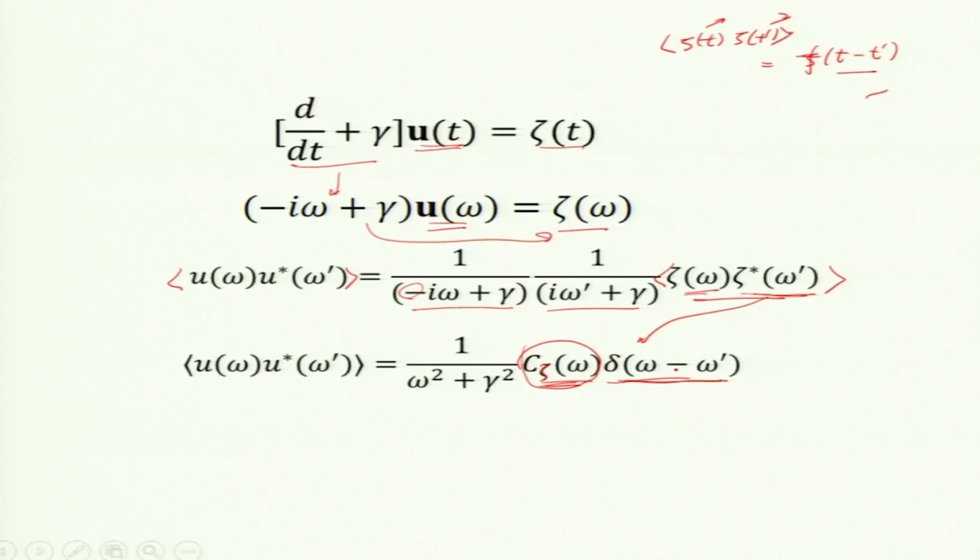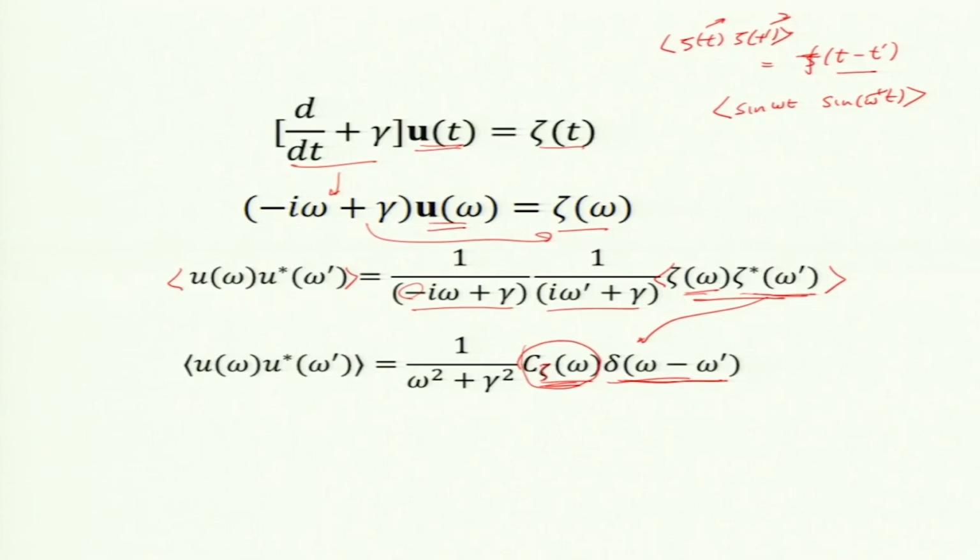I am not sure whether I did this in this course, but for homogeneous systems, take sin omega t and sin omega prime t; if I average, this is 0 unless omega equals omega prime, because if they are not the same frequency, they will cancel if you take t large and integrate.